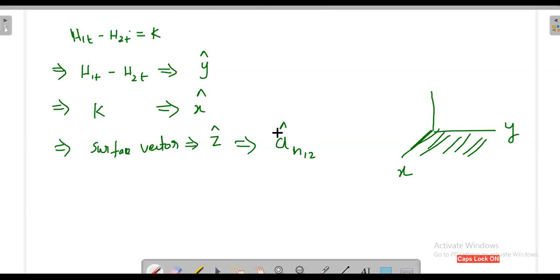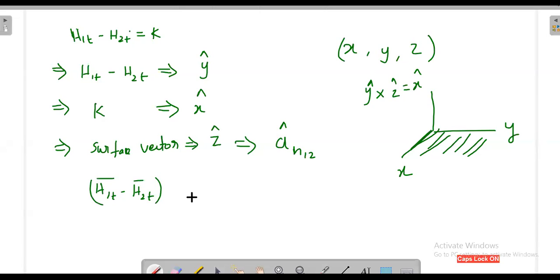The final idea is, if you take y cap cross product with z cap, what is the answer? Say you are having x y z. Y cap cross product with z cap will give you x cap. In y cap direction, H1t minus H2t is there.